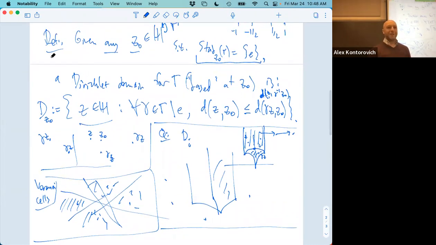So at the moment it's a definition, and the theorem will be, and maybe I've given it away: I can define this set regardless of whether this condition is true or not, and the theorem will be, if the stabilizer of Z0 in gamma is trivial, then this Dirichlet domain centered at Z0 is a fundamental domain.